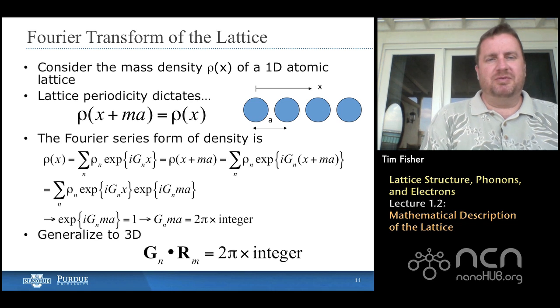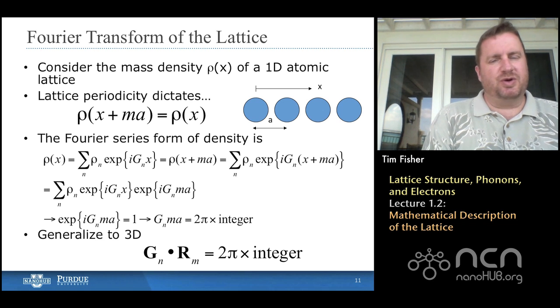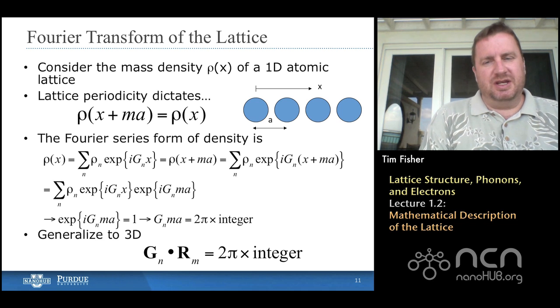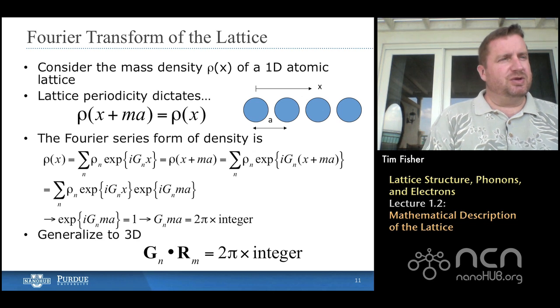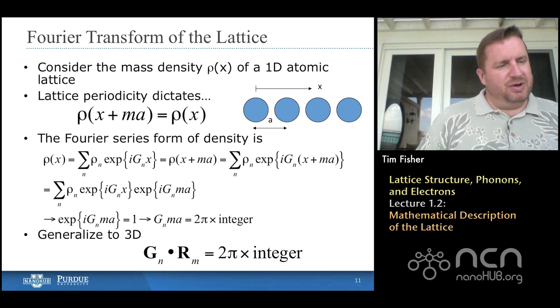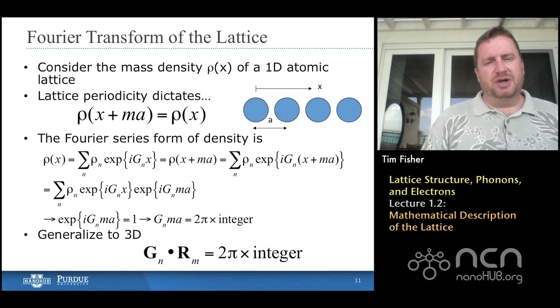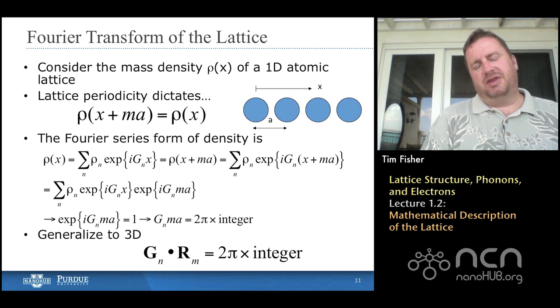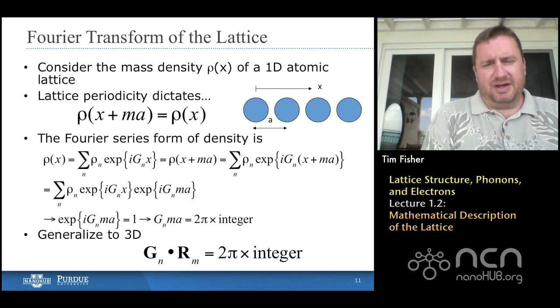Speaking of mathematics, one of the things that we really need to do is to transform the lattice from real space to something called reciprocal space. We'll start to do that today, and we'll build this into our studies as we go, because mathematically this is probably the thing that trips up students more than anything else.